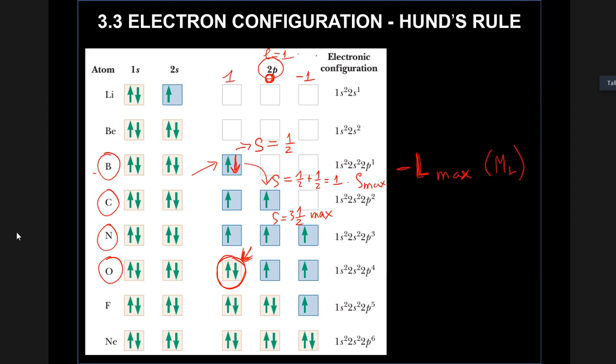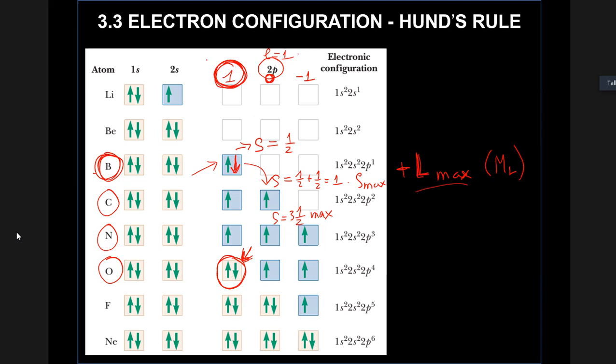So firstly, if you have one electron in boron, so if L max, the electron in this case will occupy the first orbital. So that's L max. In this case, it occupies L equal to 1 or ML equal to 1.